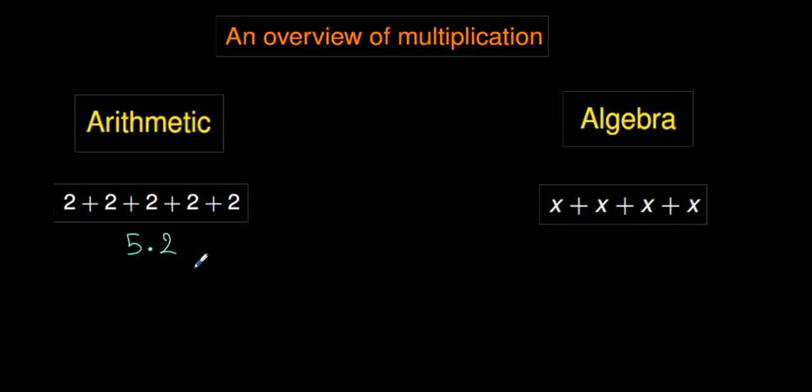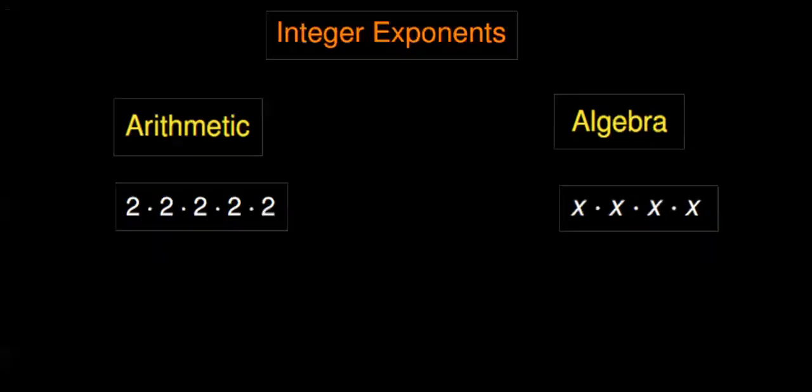And in a similar way, in algebra, instead of x plus x plus x plus x, we can write 4 times x. So that's it. Okay, so far so good.